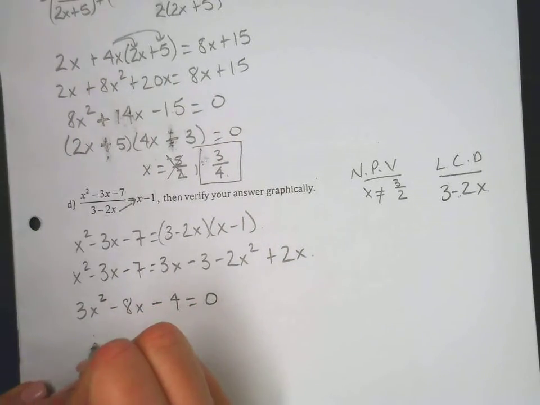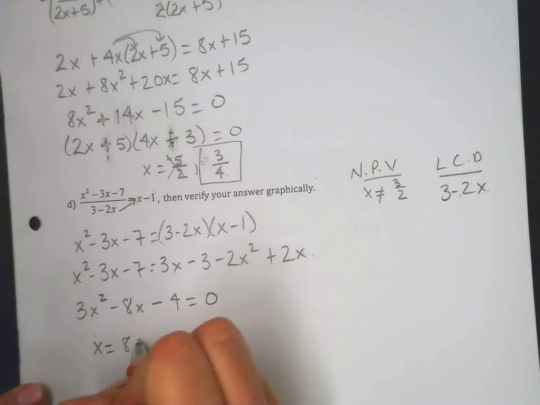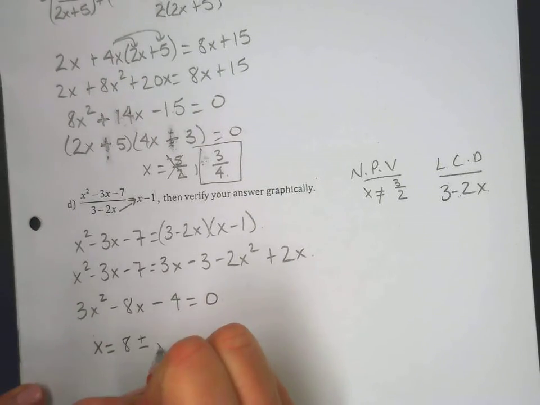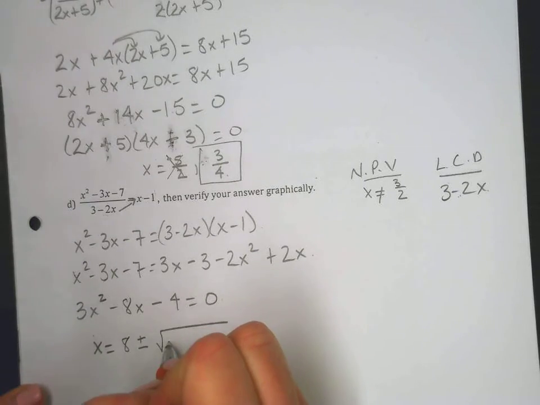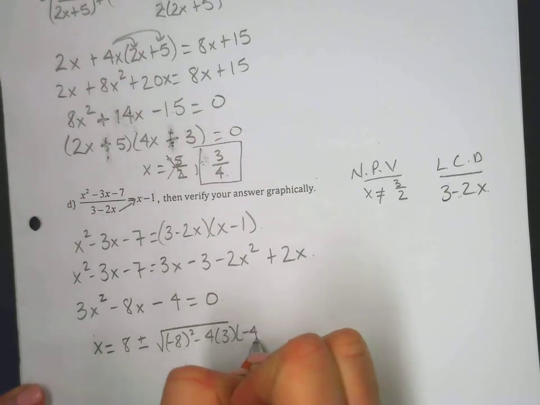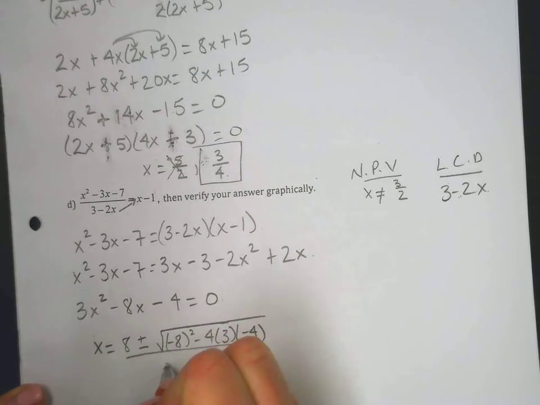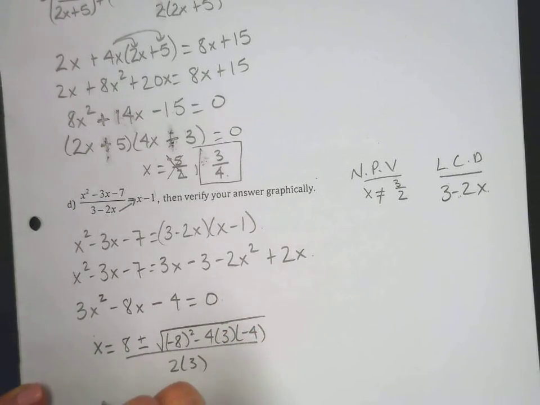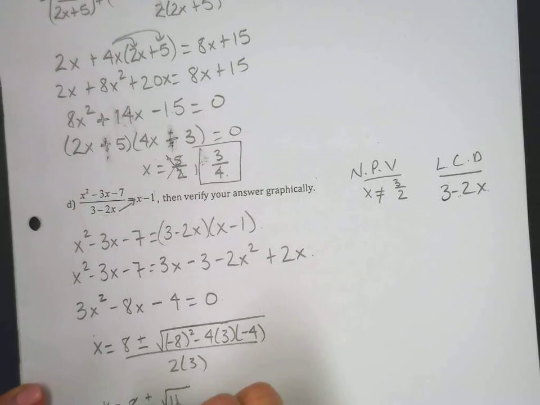So x equals negative b plus or minus the square root of b squared minus 4ac, all divided by 2a. So we get a simplified value of 112 over 6. Break this down.